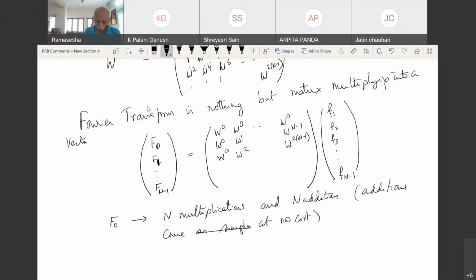So to get the full vector F, I require n multiplications for every component.